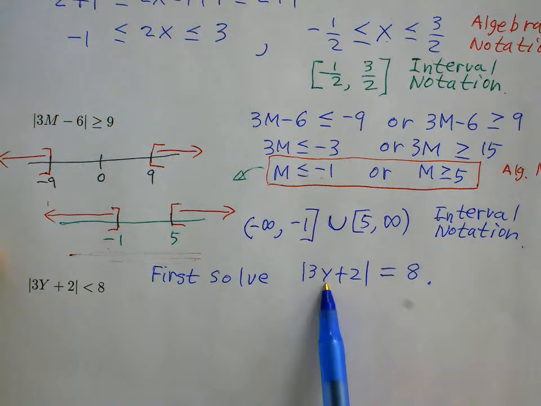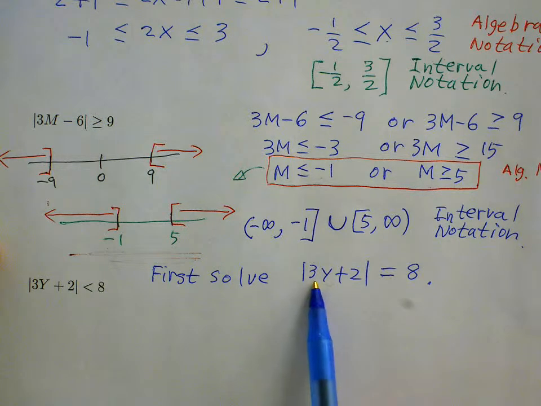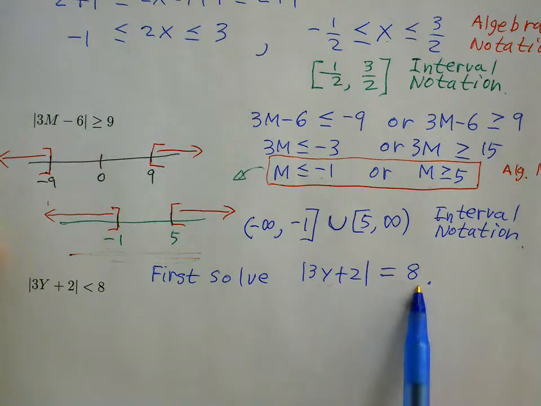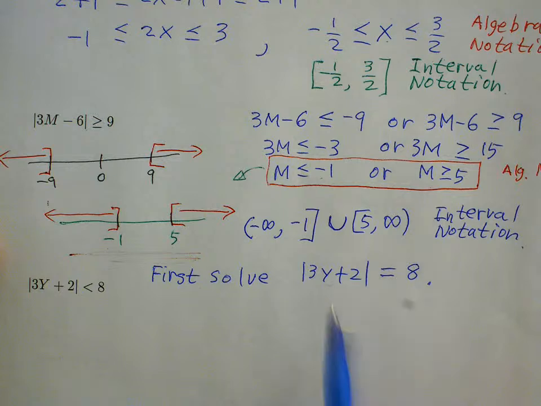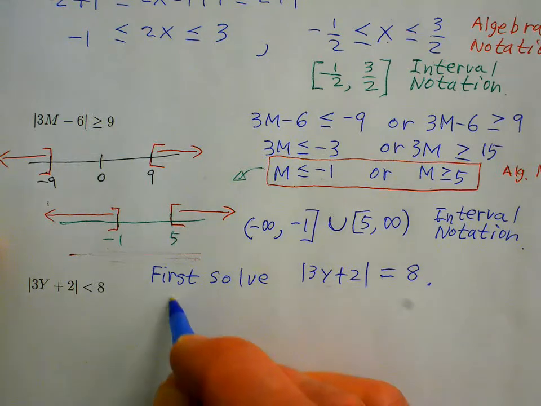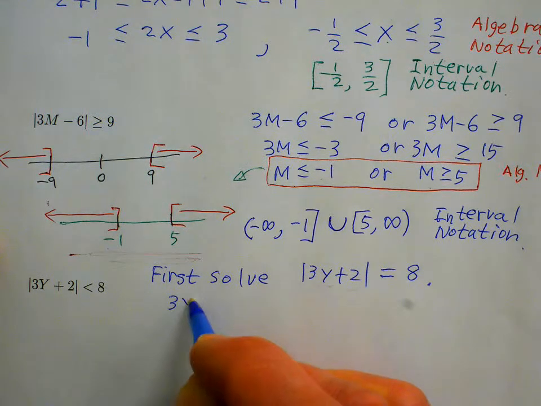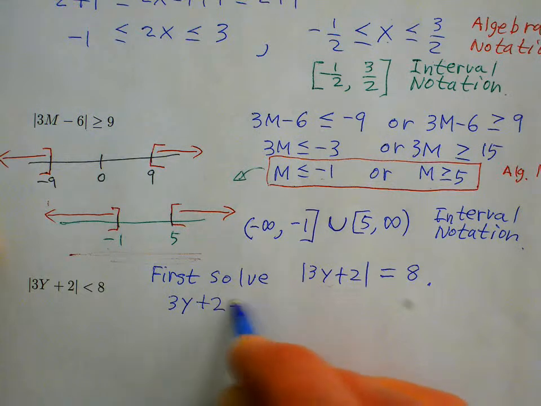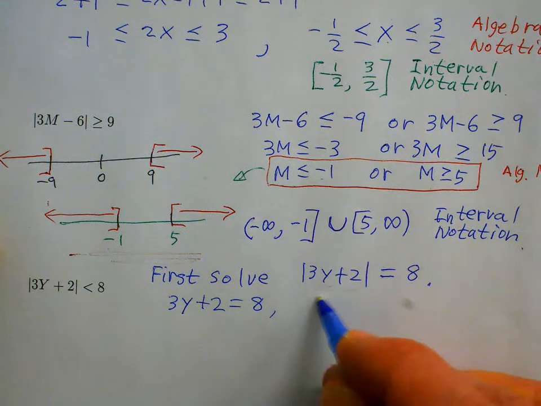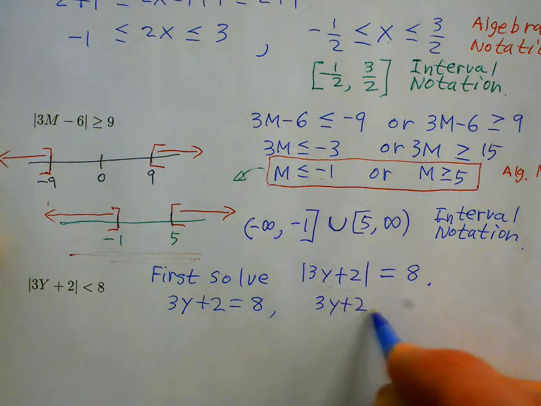Okay, so you need to know how to solve an absolute value equation. If the absolute value of 3y plus 2 is equal to 8, then there are two possible solutions for 3y plus 2. When you remove the absolute values, one possible solution involves 3y plus 2 equals positive 8. The other one is 3y plus 2 equals negative 8.